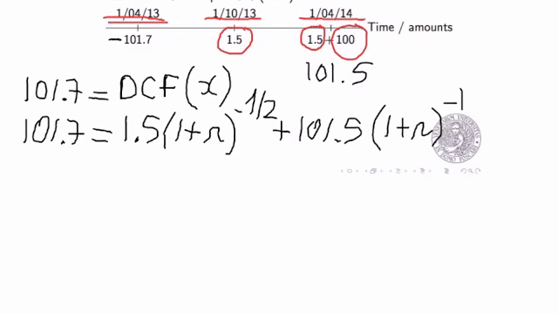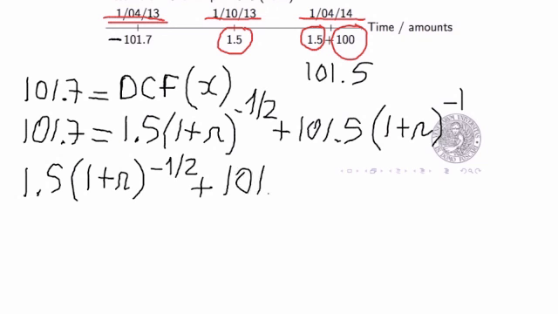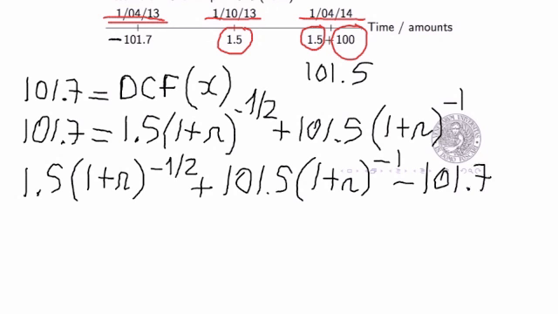So this equation can be rewritten, for example, as 1.5 times (1 plus r) raised to negative 1/2 plus 101.5 times (1 plus r), the discount factor, raised to the negative 1, less the price 101.7, and this should be 0 because I want the price to be fair.